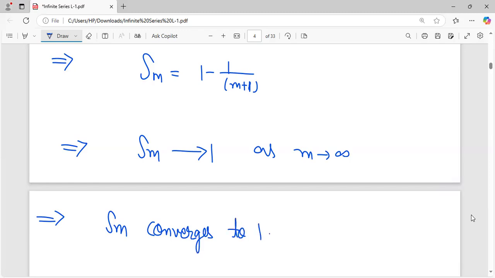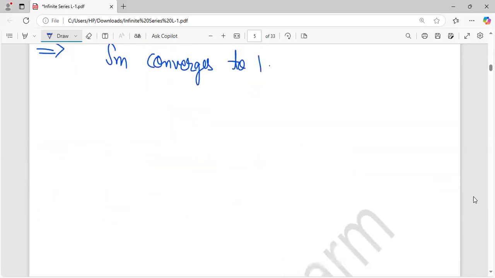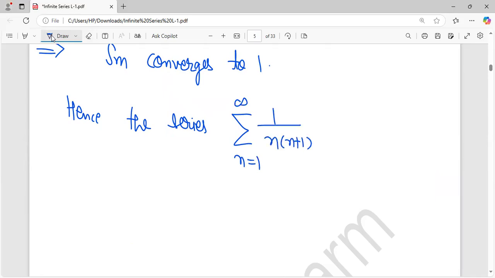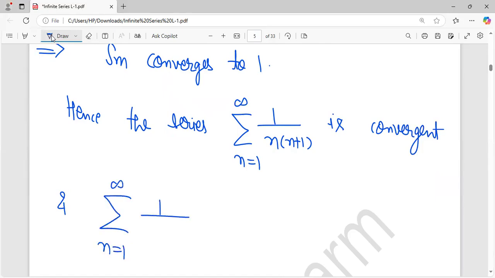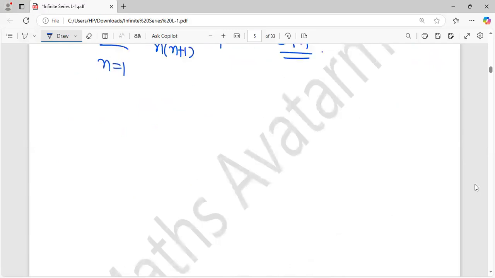Okay, hence the series summation n goes to 1 to infinity 1 upon n into n plus 1 is convergent and its sum is 1. So this is the answer.